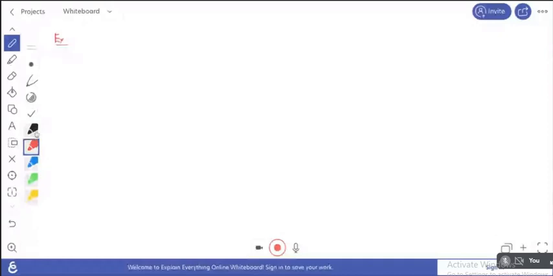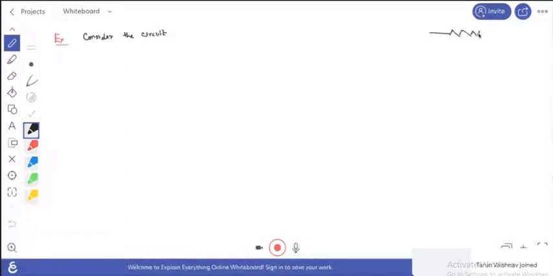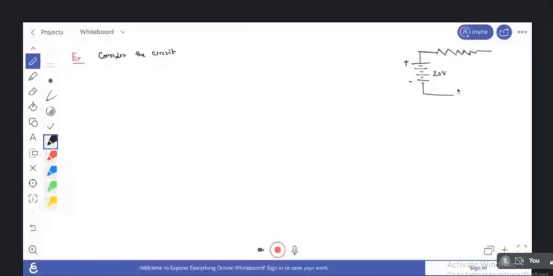Suppose we draw a circuit. Suppose this is your circuit, and this is your resistance R. Here there is a 20-volt battery, plus and minus, joined to the resistor R, and the current flows.